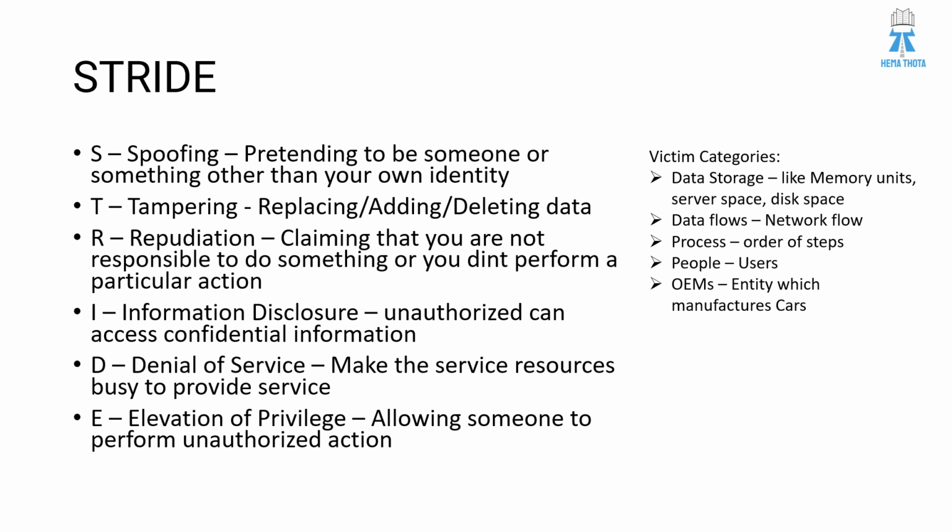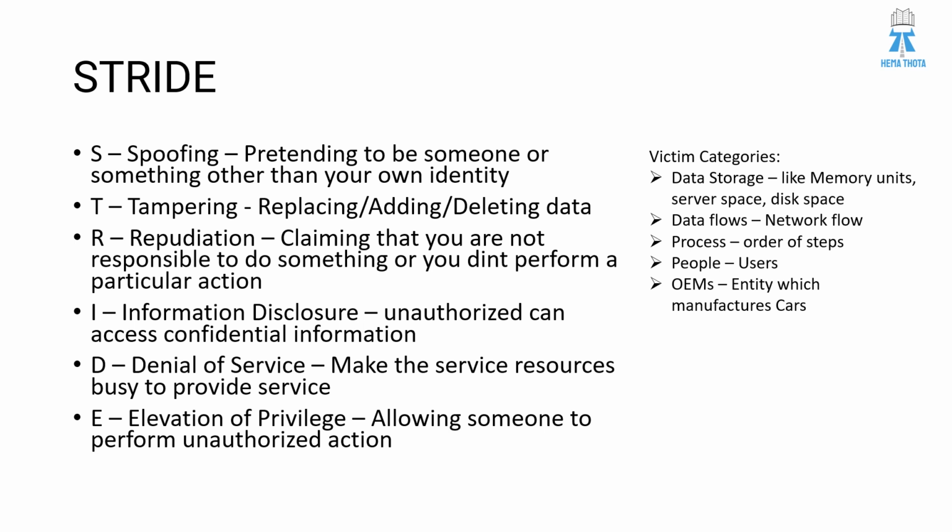Or a file that is tricked to fill all the memory available in your disk, or code that is tricked to consume all the allocated memory. The victims are data storage, data flows, and processes. Generally this happens with network traffic, or sometimes in the storage space as well.